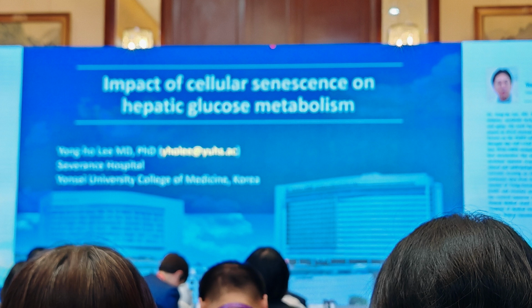And when you look at gluconeogenesis and glucose production from these senescent hepatocytes, you can see, regardless of the senescent stimuli, higher expression of gluconeogenesis enzymes as well as glucose production from the cell. So then we wanted to look at the mechanism of this dysregulation by the senescent hepatocytes.